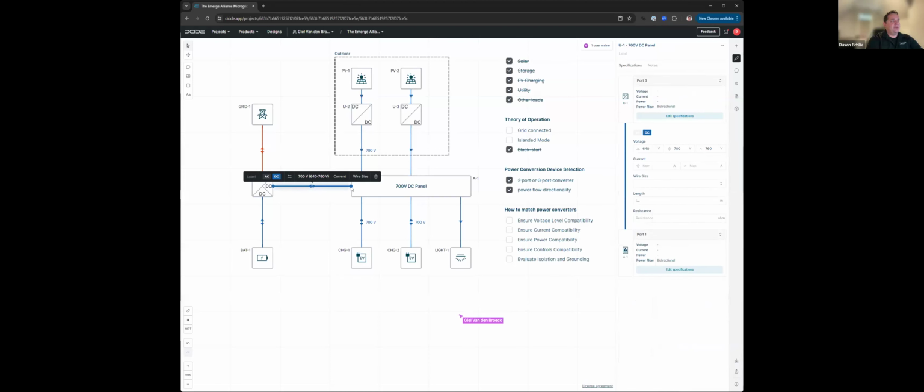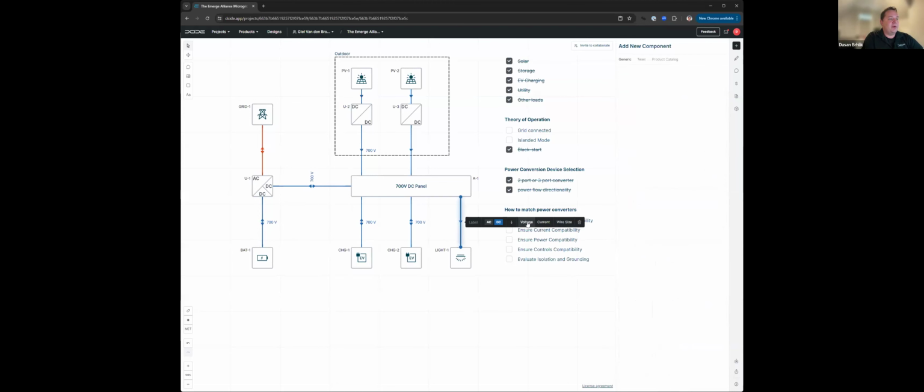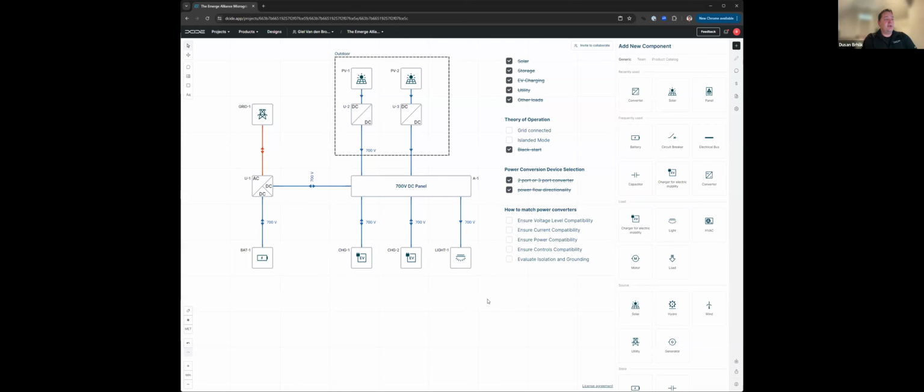And we have chosen to support the current OS standard out there for these voltages, because it's also important to make sure that we as an industry start standardizing and to make sure there are more compatible products effectively out there. And so in DCIDE, you can effectively just click the voltages and set them. And this provides a really good visual representation of what your system is starting to look like.